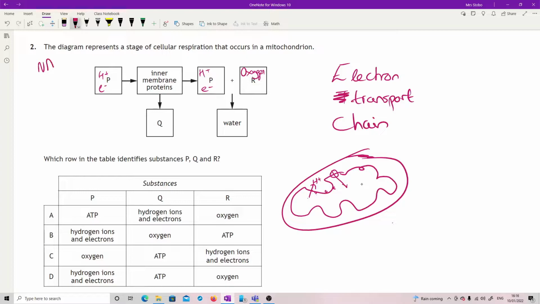These have been dropped off by NADH, which has gone back to NAD, and that will now go back and pick up more of them. And the whole point of this entire thing is to make ATP. So our final answer is D.